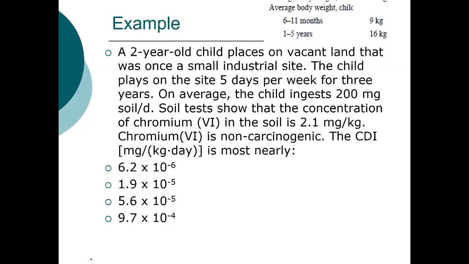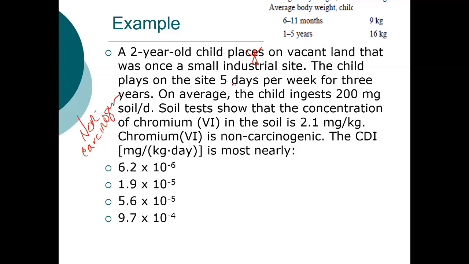Now, the difference is when you calculate the risk for a non-carcinogen. Everything we did before was for carcinogens. This is for a non-carcinogen. So in this case here, we have a 2-year-old child who plays on vacant land that was once a small industrial site.